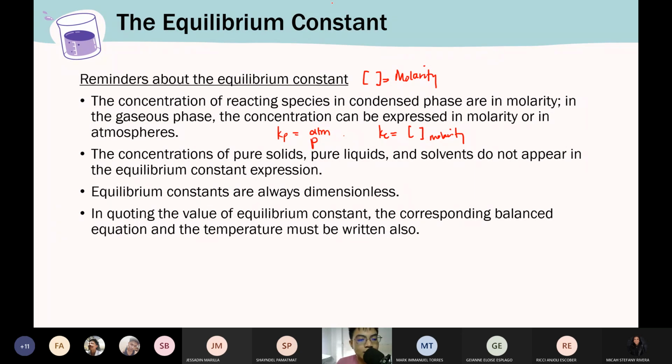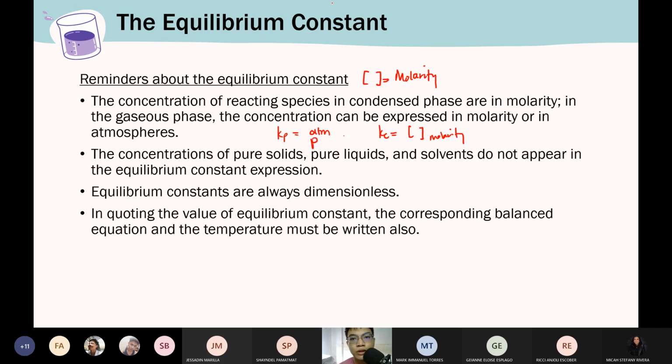And then lastly, in quoting the equilibrium constant, you should have their corresponding balanced equation and the temperature. Okay? Ba't kailangan yung temperature? Kasi our equilibrium constant changes with temperature. Okay? Nagbabago yung equilibrium constant with temperature.